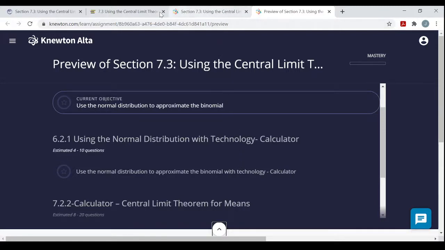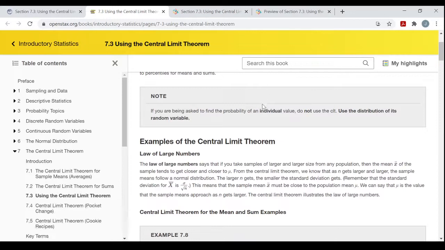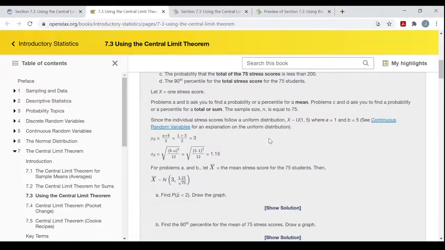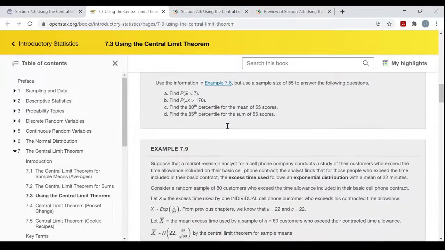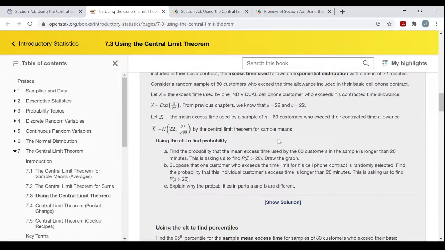Like I said, here's the OpenStax for section 7.3. You see it starts off talking about the central limit theorem and how to use it and use your calculator to figure out certain probabilities. Again, you can ignore anytime they bring up the central limit theorem for sums.